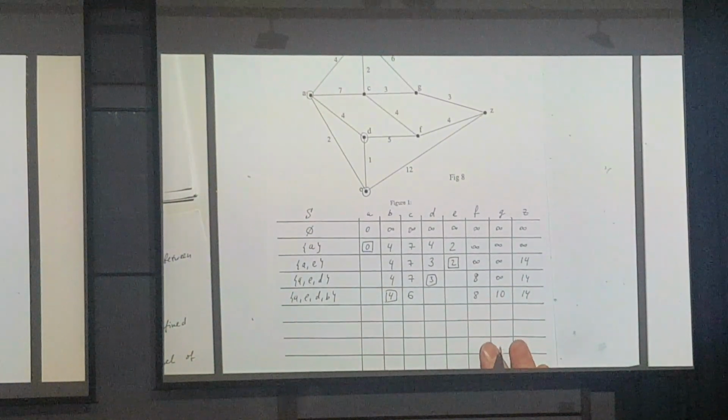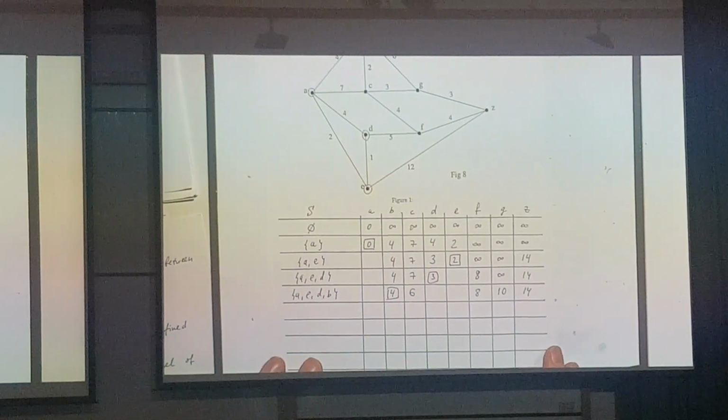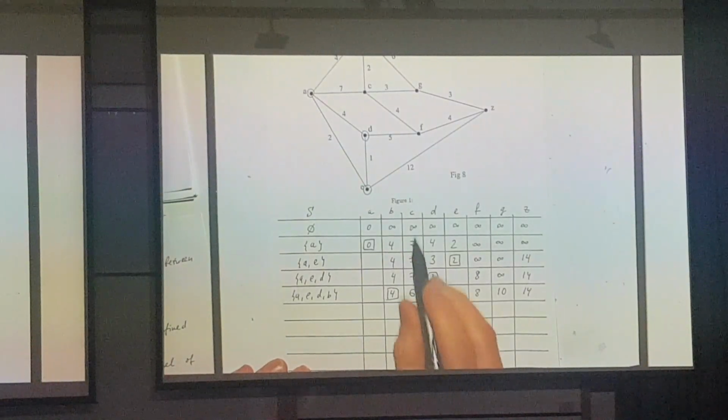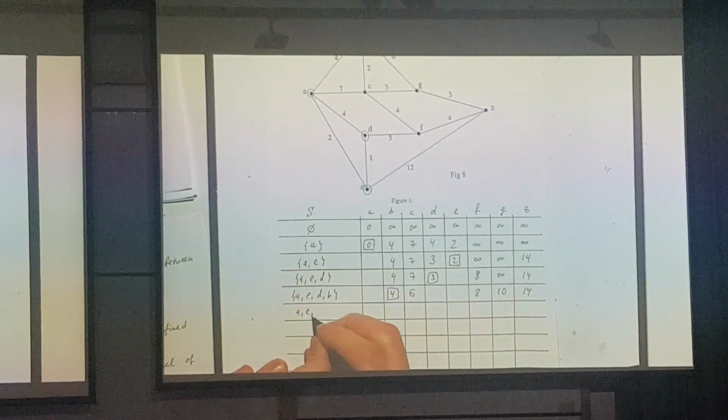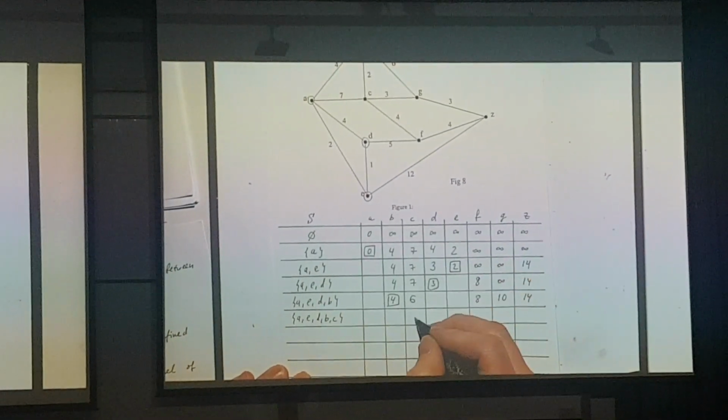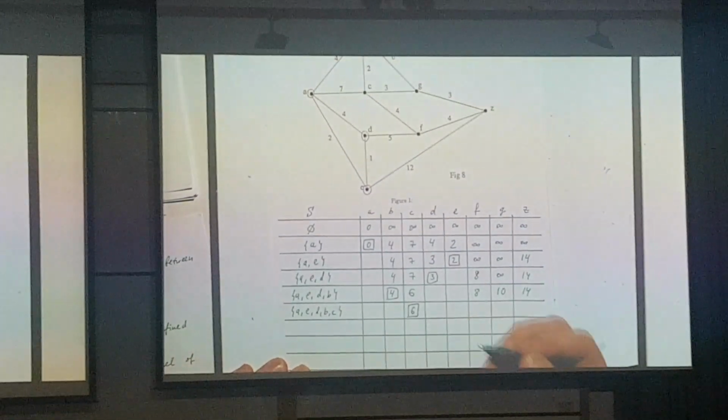Bear with me. I need to do 3 more iterations, and then I'll talk about what we can read off from this algorithm. So next iteration, 6 is the smallest label, which corresponds to C. So A, B, D, B, C, and that becomes boxed.